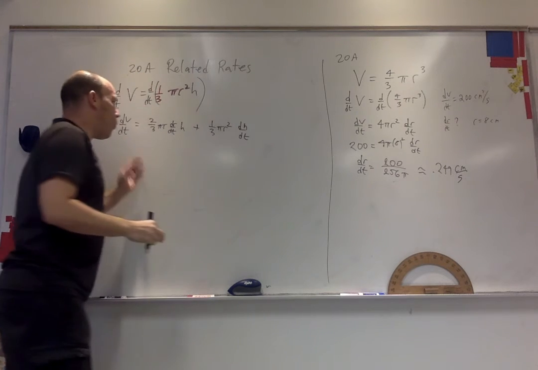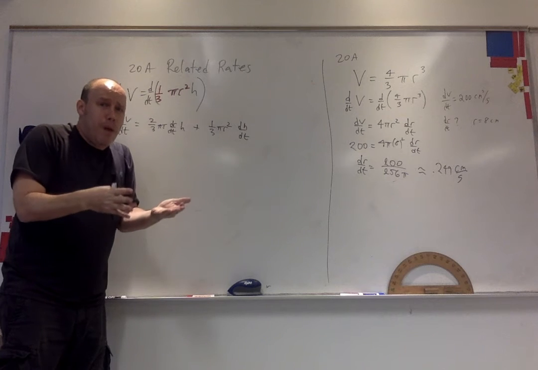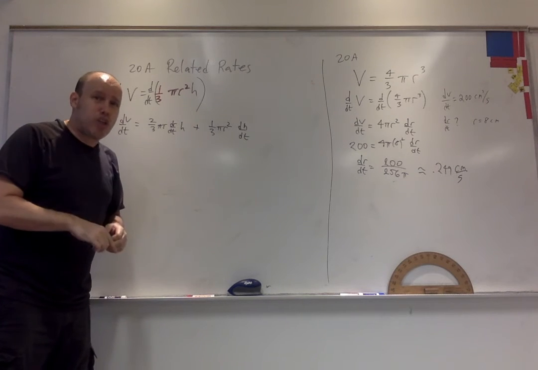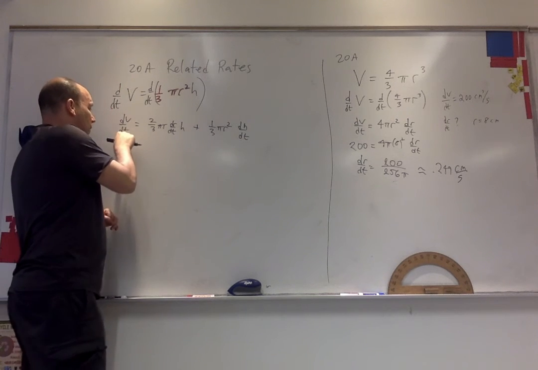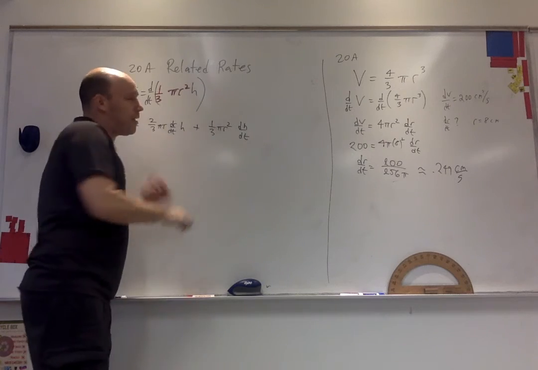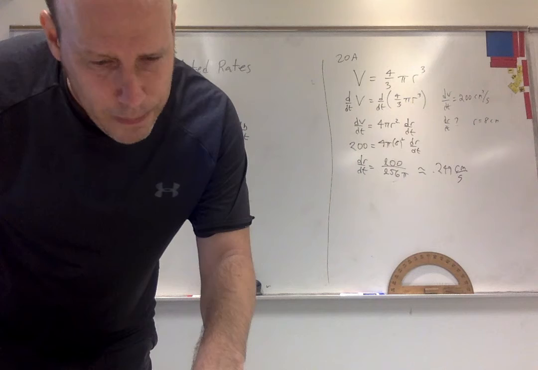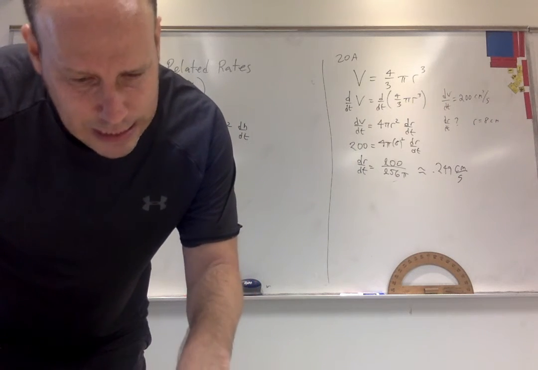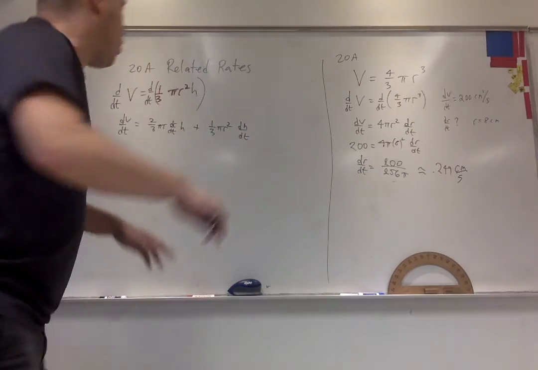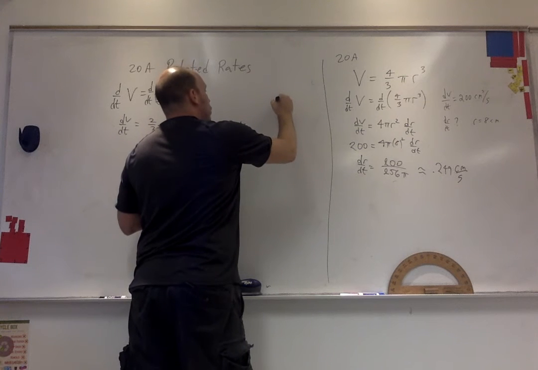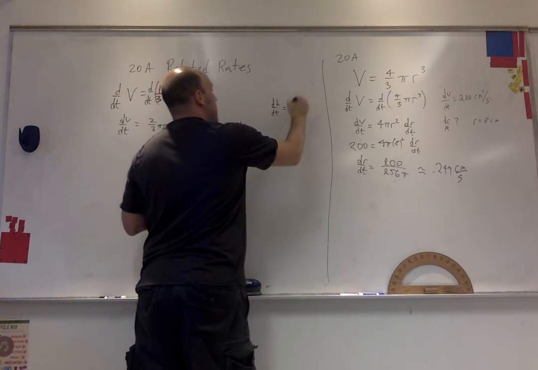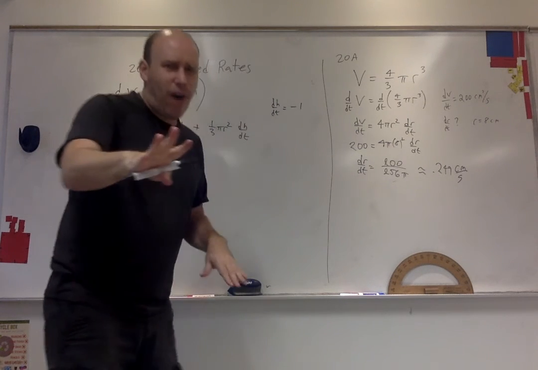Okay, well, we have a lot of variables here. Does the question give us all of them, or is one of these missing? Let's look again and see what they tell us. They're telling us that the height decreases at a rate, so we have dh/dt is -1. I'm going to leave off the units.